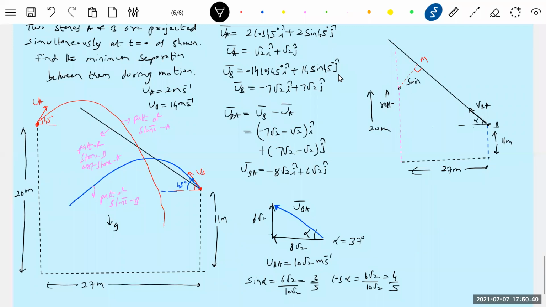Now this is alpha. This is alpha. Can we say anything about this angle? I want an answer from students. Anybody? Alpha, sir. Alpha only.